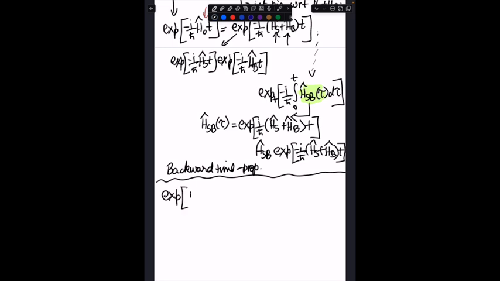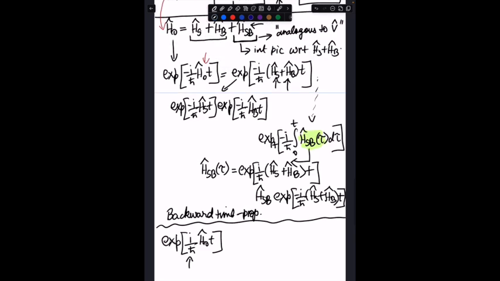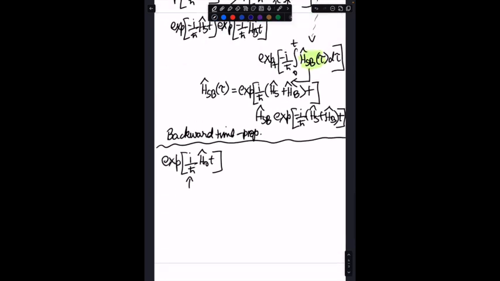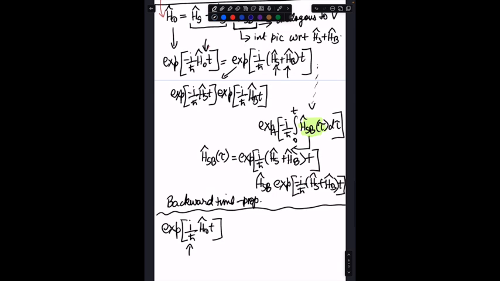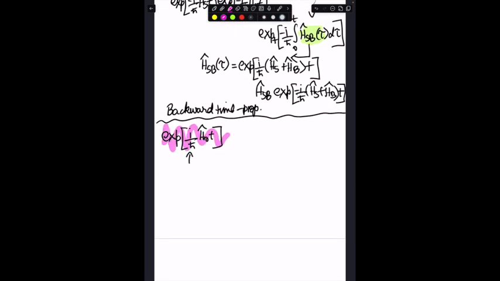It would be exponential i upon h bar times H0 t. Sorry, I think I messed the order up. This is a forward time propagator, so it propagates your system forward in time t, and then this is your backward time propagator. So it propagates your system from time t to, let's say, time zero. So it propagates it back in time t, right?